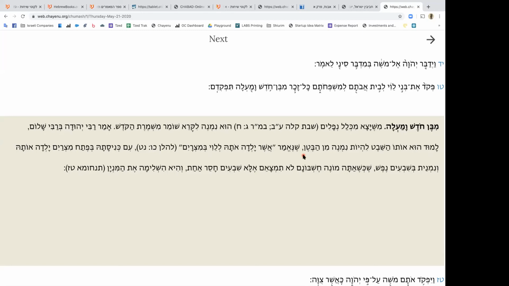Im kenisatam b'petach Mitzrayim yaldah otah, nimnit b'shivim nefesh. Anyone who was born when the Jews entered into Egypt, that was the 70 souls that went into Egypt. K'she'ata moneh cheshbonam, lo timtsa eleh shivim chaser echad.